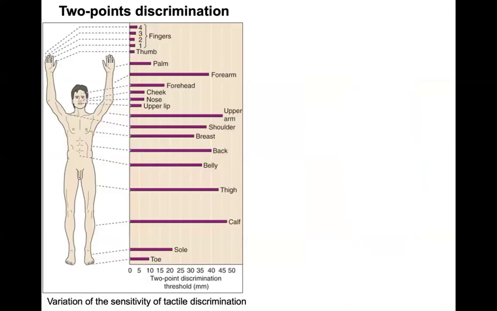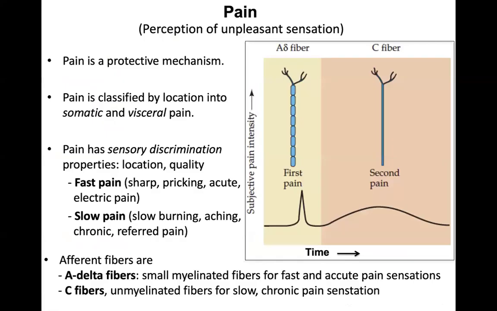And we talk about the property, two-point discrimination, the ability to differentiate between two points. Pain, we talked a little bit about pain, and we know that it's an important sensation. And we know that there are two types based on the quality of the pain, fast pain or slow pain.